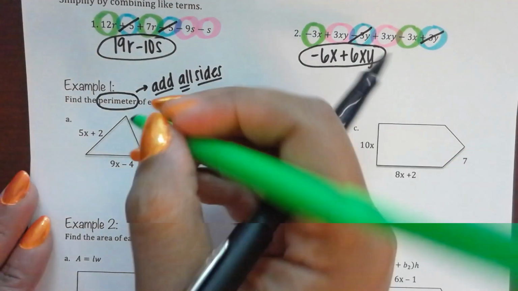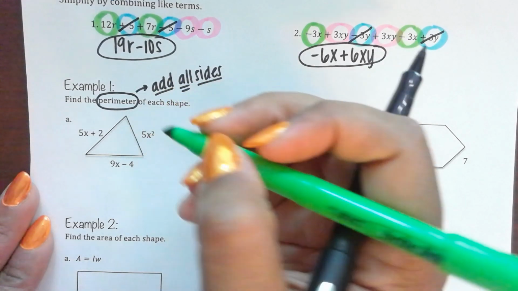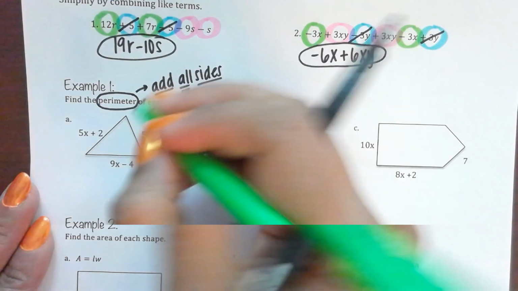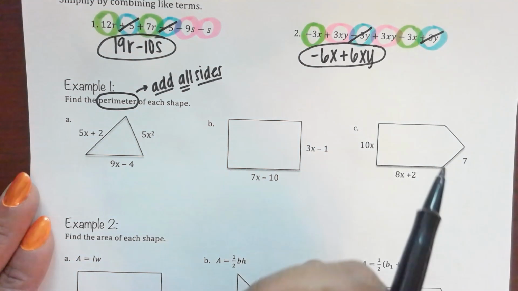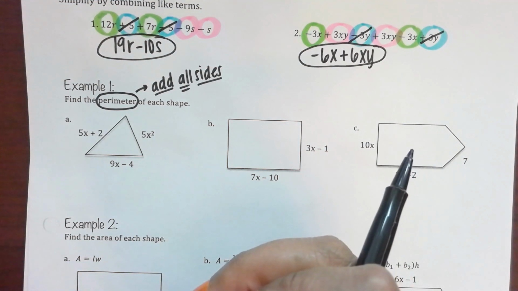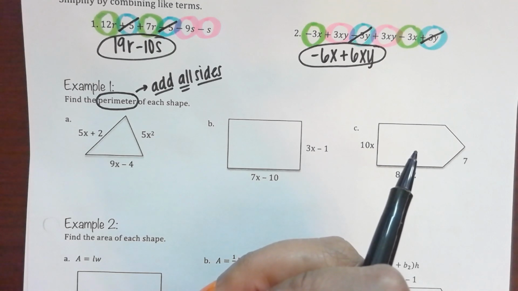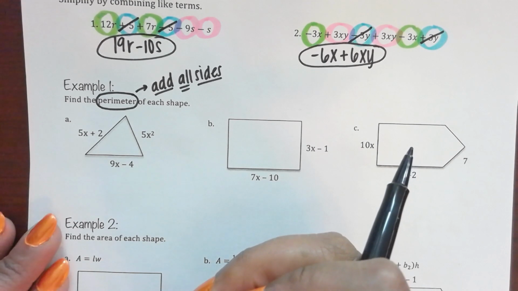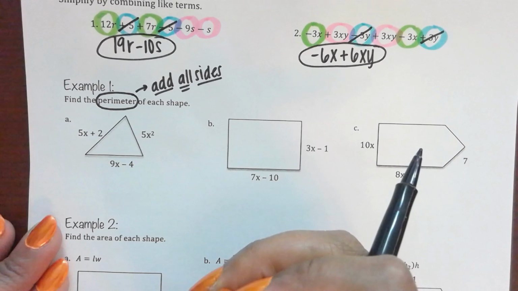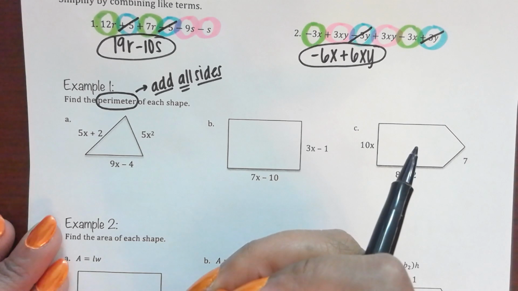5x squared. Let me finish the thought before you answer. When you're writing in descending order, what would need to come first? 5x squared.